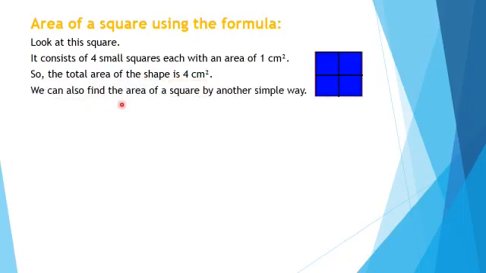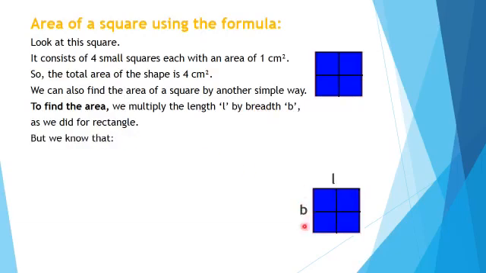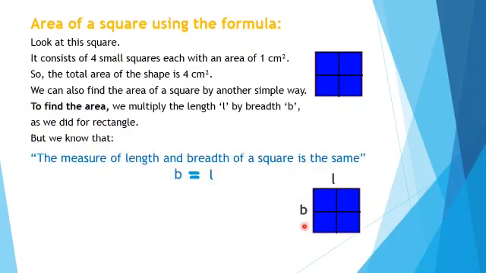We can also find the area of a square by another simple way. To find out the area, we multiply the length by the breadth B as we did for rectangle. The square has a length L and a breadth B. But we know that the measure of the length and breadth of a square is same.